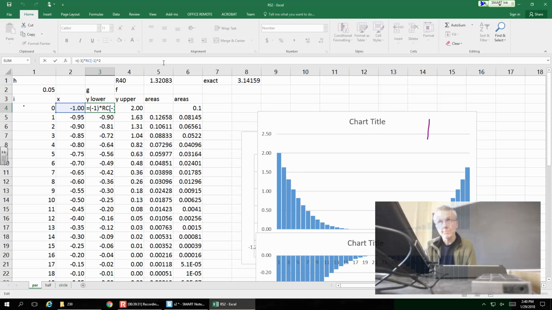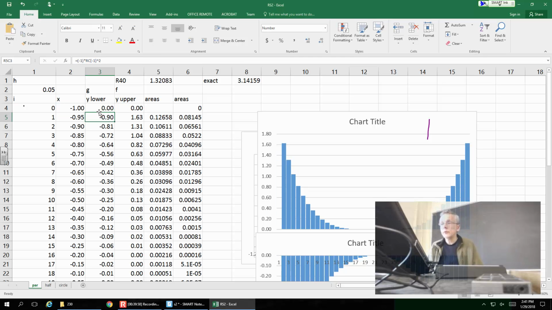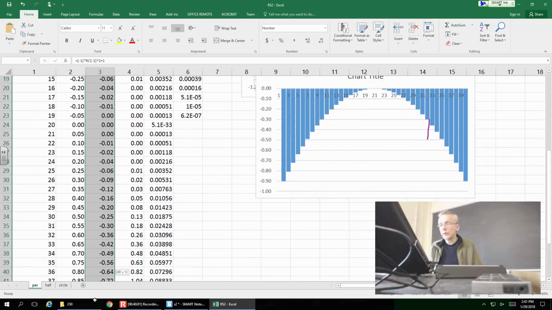Yeah, I add 1 to the value of y. These are y's. I just need to increase the value of y by 1, so I add 1. I just put here 1 plus, or maybe I put it at the end, like this. Let's see what it produces.